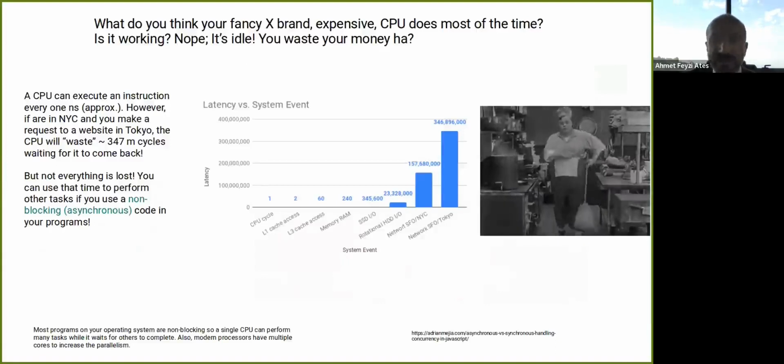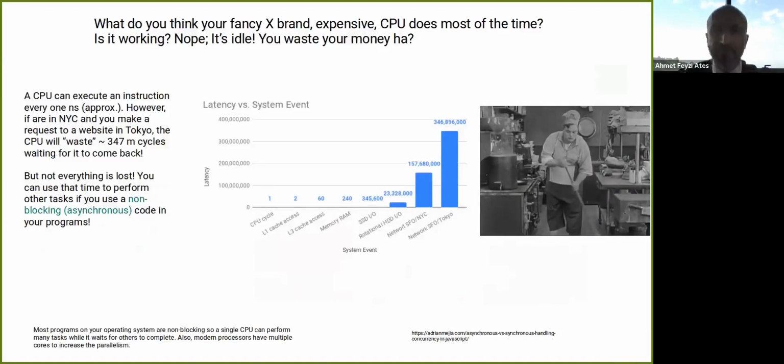Everybody knows nowadays there is a bottleneck on microchips. The automotive industry is experiencing hardship just because of this, and microchips are becoming more expensive every day. What do you think your fancy X-brand expensive CPU does most of the time? Have you ever inspected your operating system's task manager?